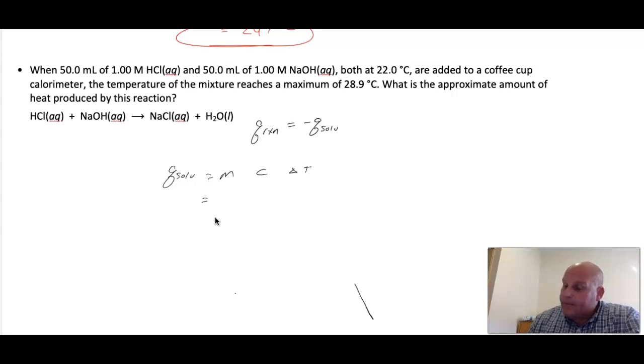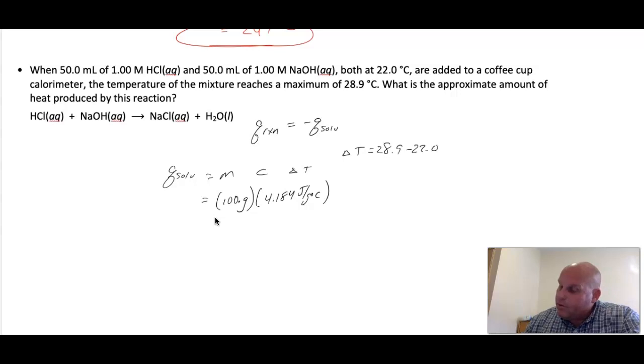That means my mass here is 100 grams, the 50 plus 50, and because it's water, I'm going to use that 4.184 value for my specific heat. Finally, we see a temperature change here is going to be 28.9 minus 22.0, or delta T of 6.9 degrees Celsius.